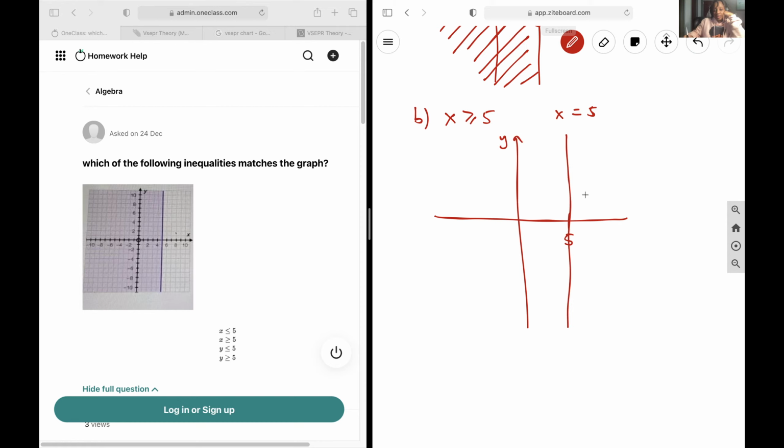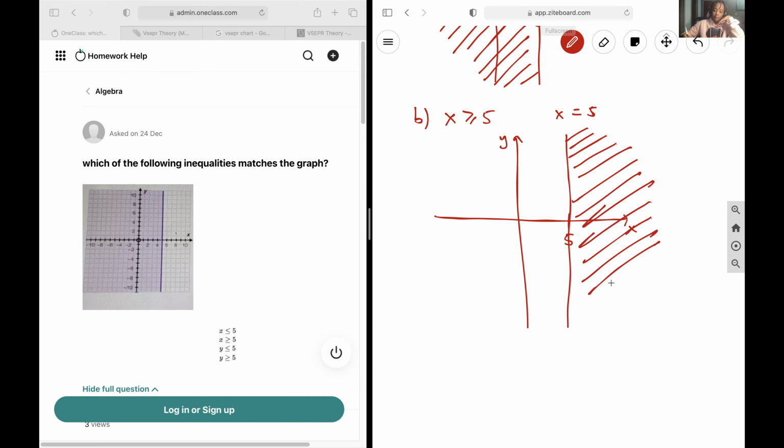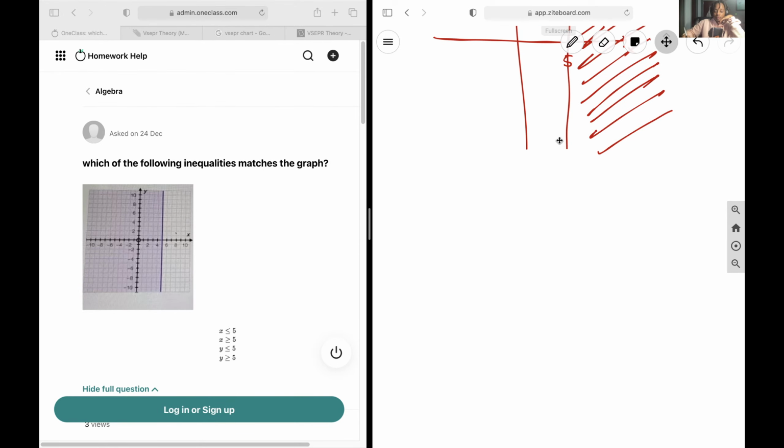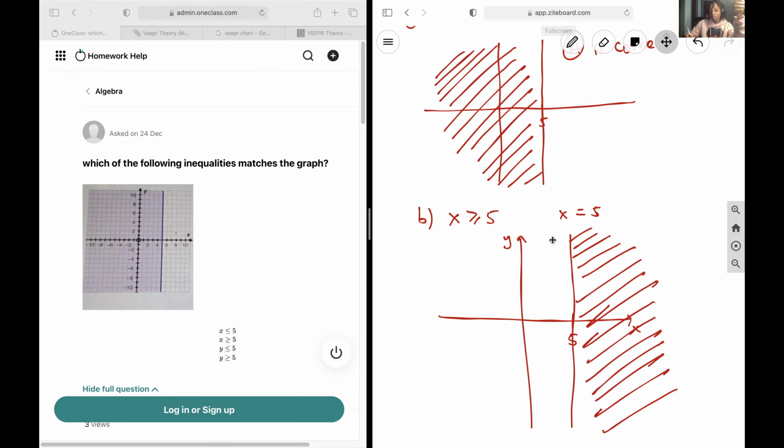If you want to just mark it, we have y, x. So we have the line x is equal to 5. And then the inequality is going to be x is greater than or equal to 5, which means we want all points beyond the line x is equal to 5 and including the line itself. So that will look like that. So it's almost the opposite of part A.